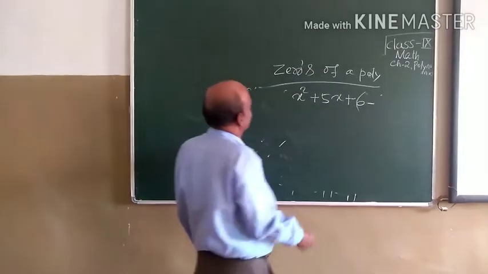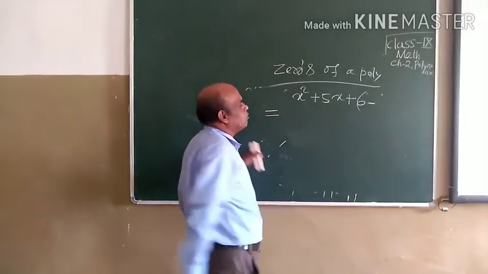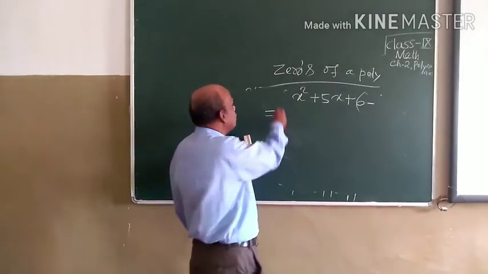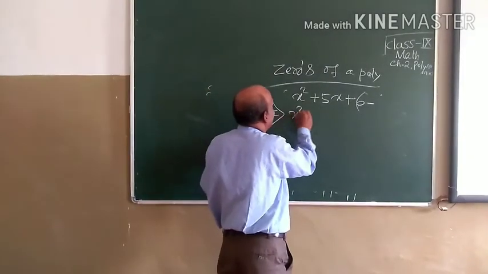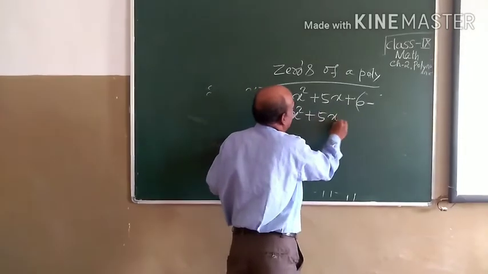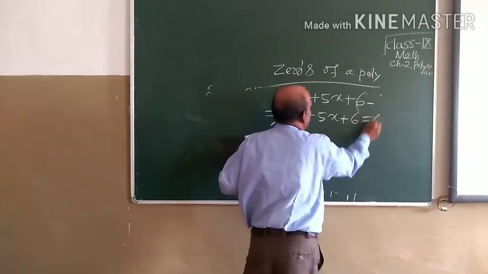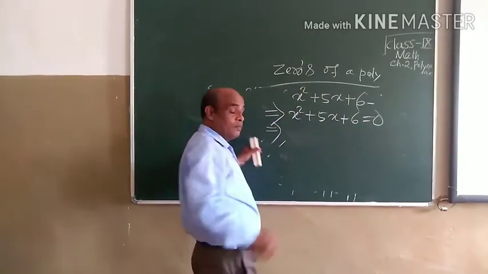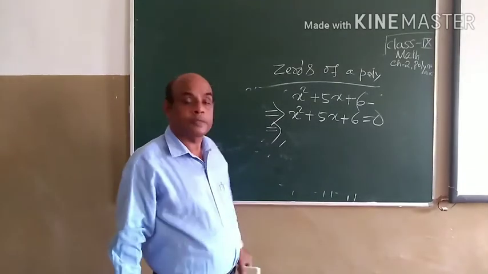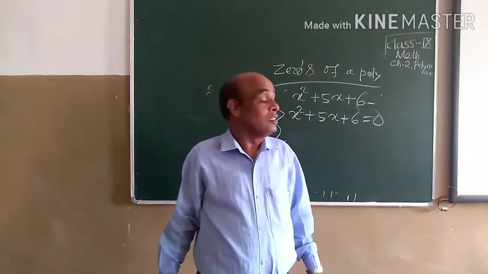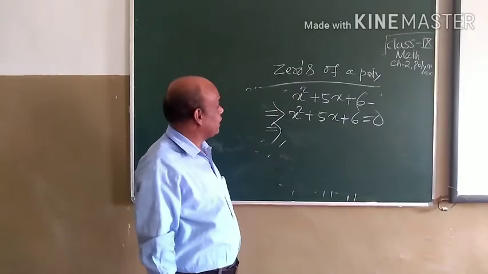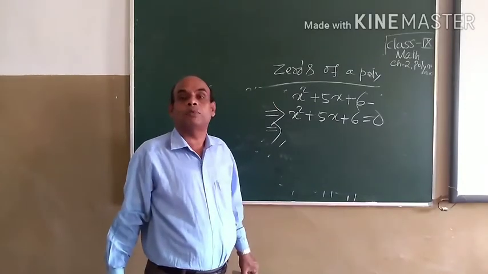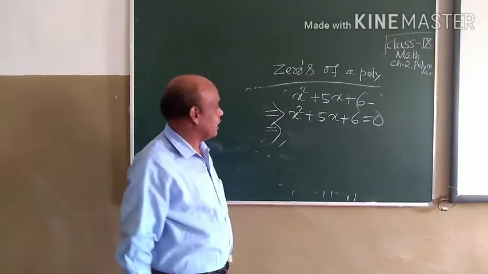I will write x square plus 5x plus 6 is equal to 0. So now this requires factorization. Already in lower classes you have the idea of factorization.